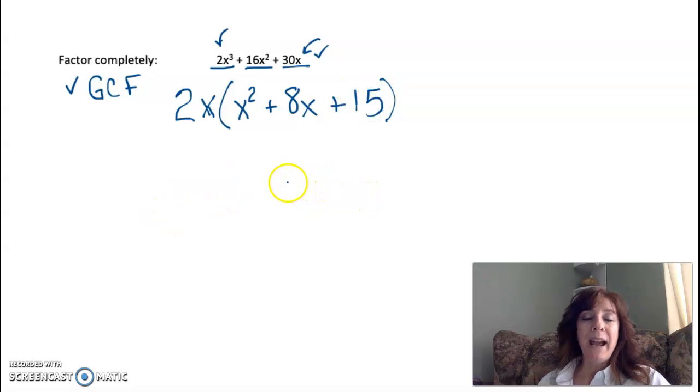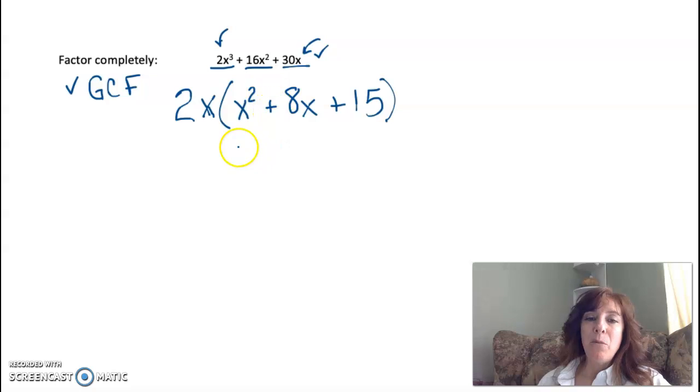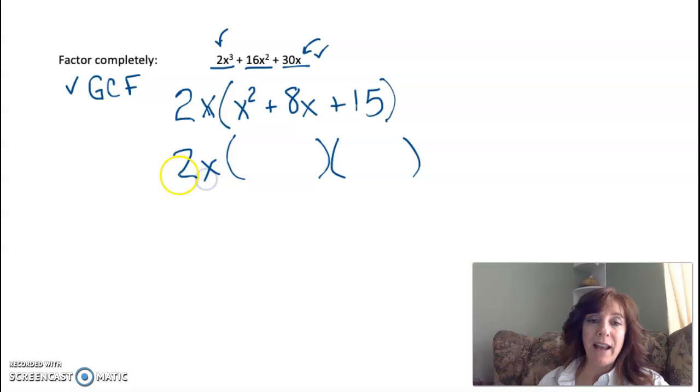These are actually 3 factors that make this trinomial, but there's more. This trinomial in parentheses can be factored into 2 binomials. Now it's important to keep that 2 and that x out front, because my final answer has to be able to multiply to get my first trinomial.